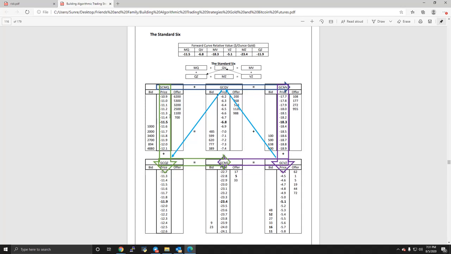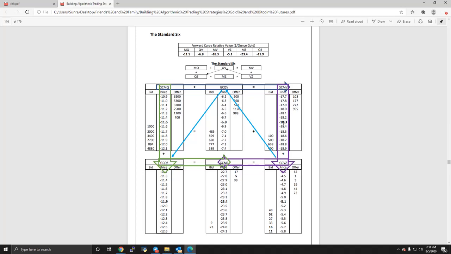Now if you look at the midpoints in this market snapshot, the mid-market price in the MQ is minus 11.5, the mid-market price in the QV is minus 6.8, and based on just mathematical certainty, the mid-market price in the MV must be minus 18.3, which is minus 11.5 plus minus 6.8.